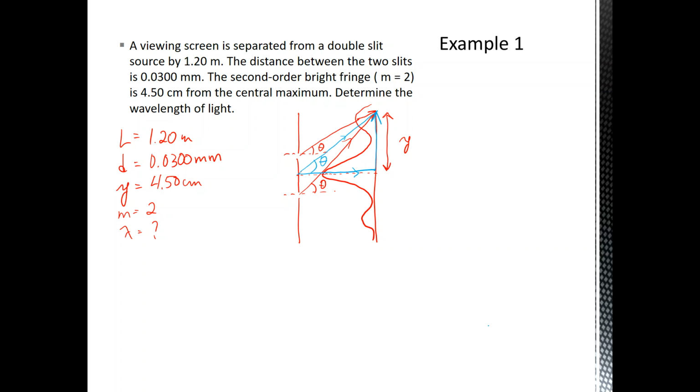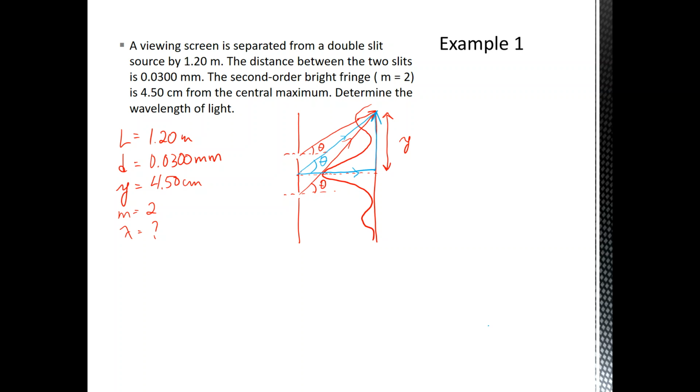What I would start to do based on this is you know that this blue triangle is going to help you solve the angle for these other ones, which is what you need. So how do I get this angle? Well, I have the length of this, given to me as 1.2 meters, and I have the height of this, which is given to me as 4.5 centimeters.